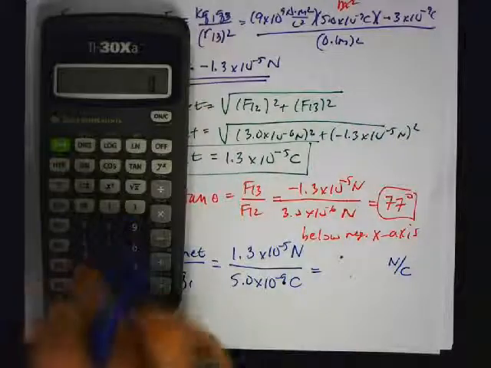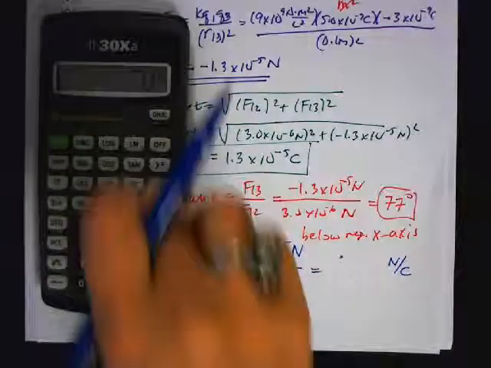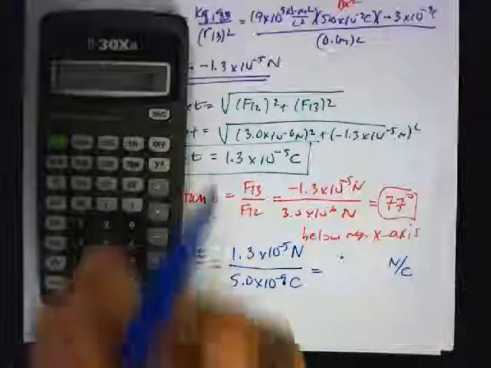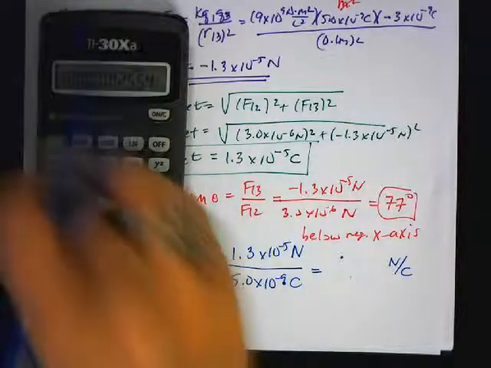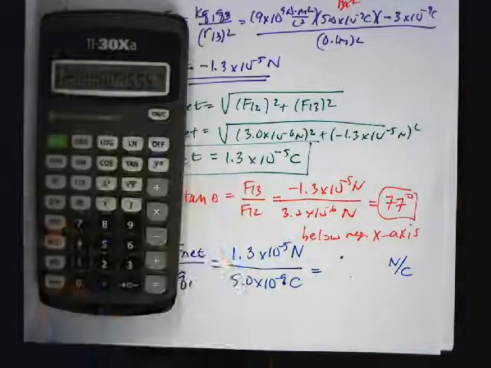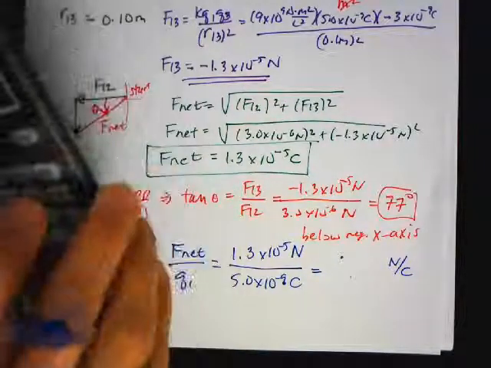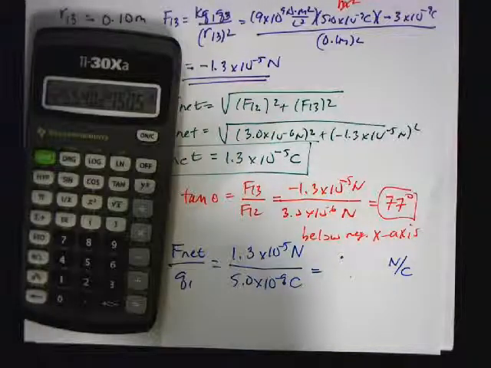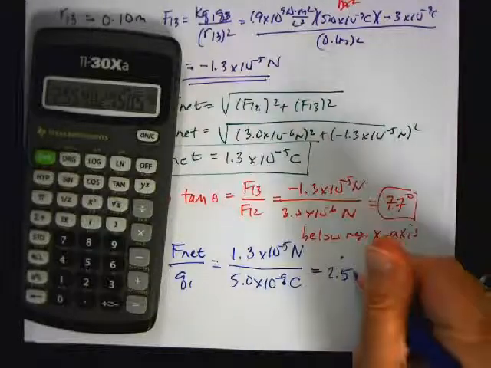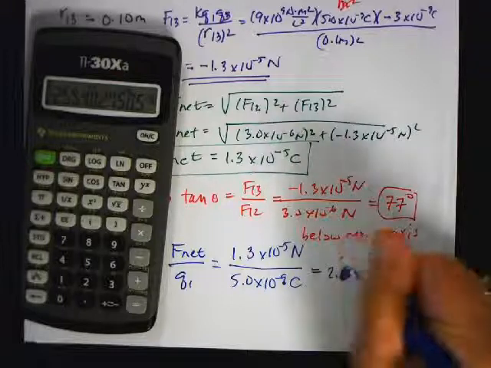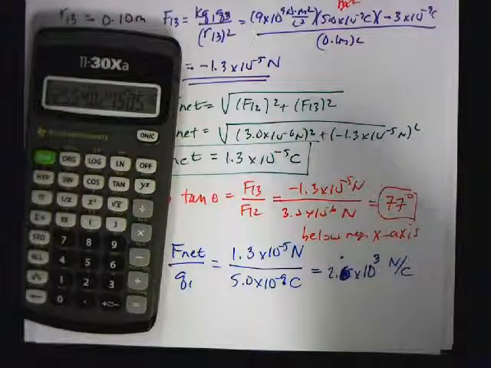So 1.3 EE 5 minus divided by 5.0 EE 9 equals, and then I'm going to put it in scientific notation, second 5. So it says 2.55, so 2.6 times 10 to the third.